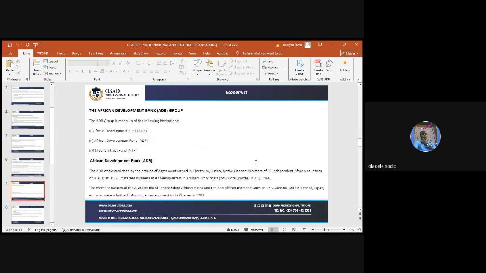So also, we have the African Development Bank, ADB. All what we have been talking about since, we have been talking about the World Bank Group. And I tell you, the World Bank Group falls under 4. So now, we also have the African Development Bank Group, ADB.